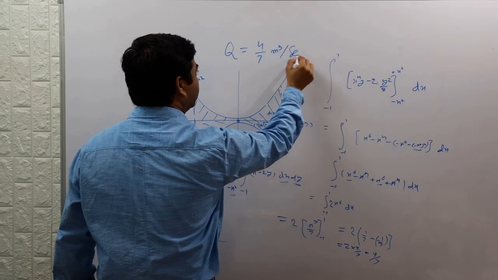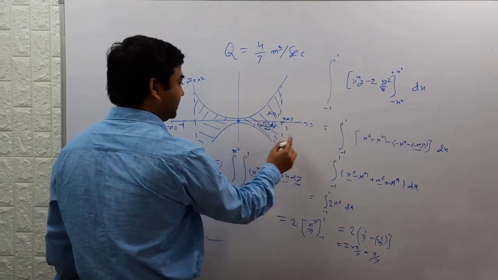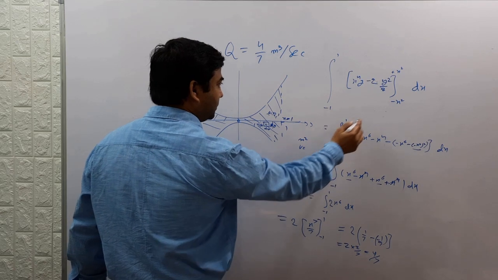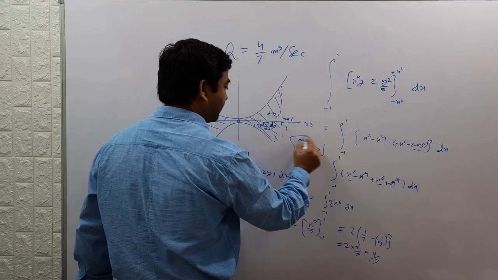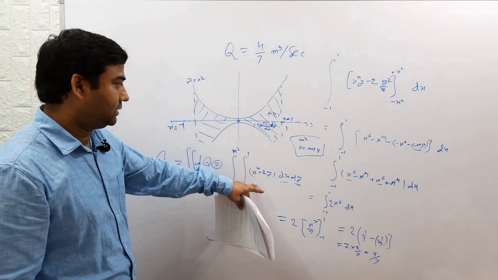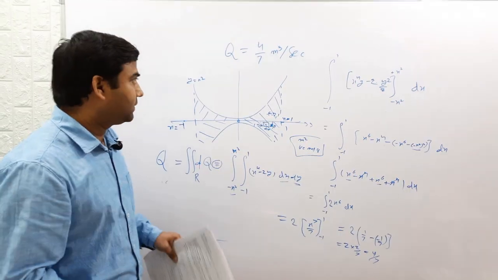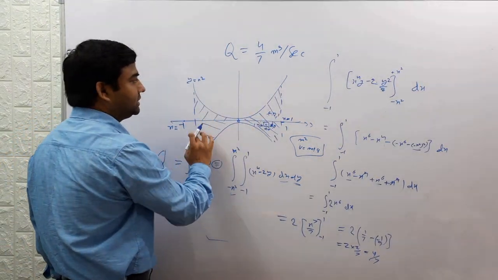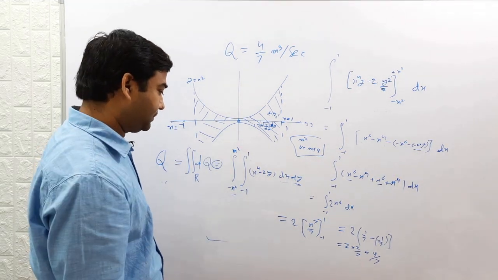meter cube per second. If this area is given in terms of meter square and this velocity is given in terms of meter per second, velocity given by the function is in terms of meter per second, and area is given in terms of meter square, then the flow through this shaded region will be 4 by 7 meter cube per second.